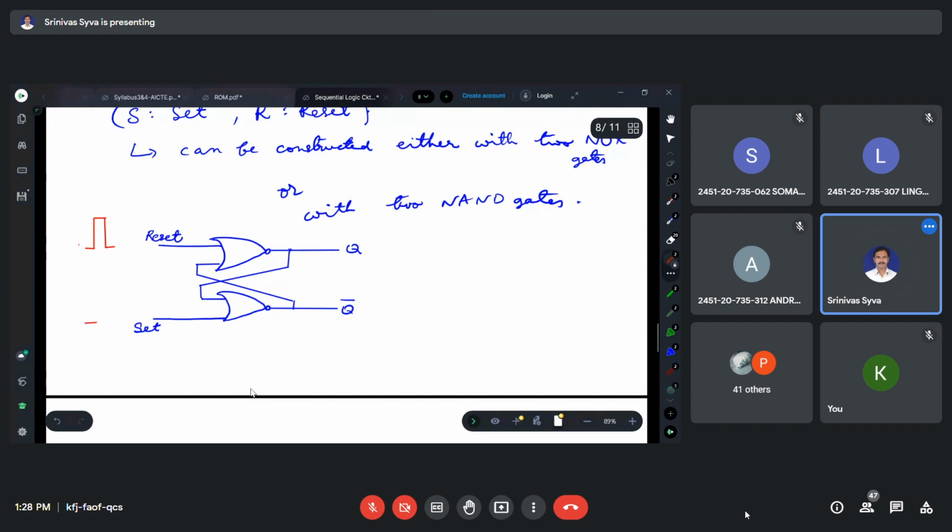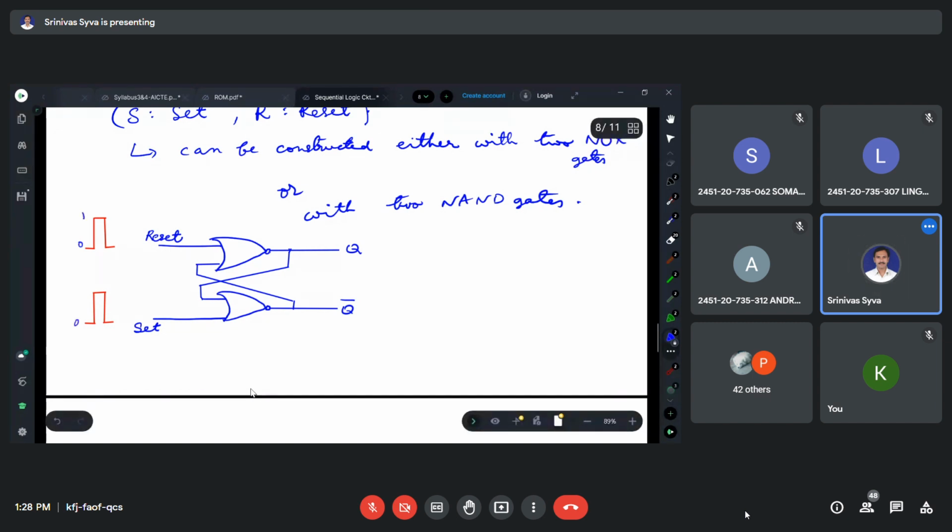Another. This is the input signal which is making a transition from 0 to 1.